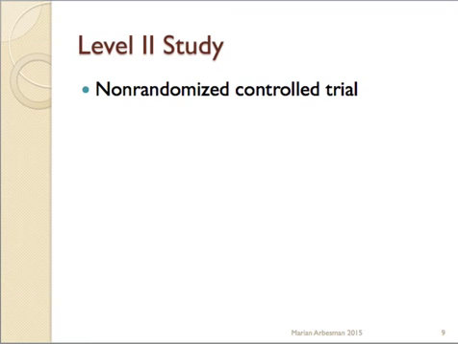Level 2 studies are the non-randomized control trials. In that situation, there are 2 study groups, but assignment is done non-randomly, often based on the first group that comes to a center for the study.